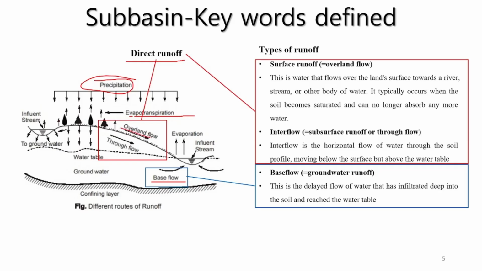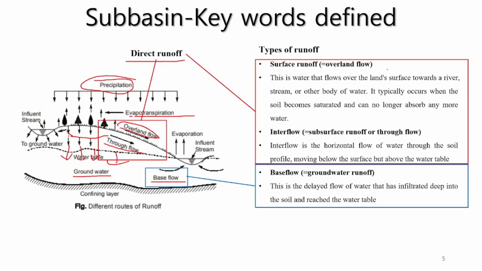That's called overland flow. Some of it goes through the soil and flows underground, and we call that throughflow or interflow. And some of it travels further down below the water table, and it becomes groundwater.